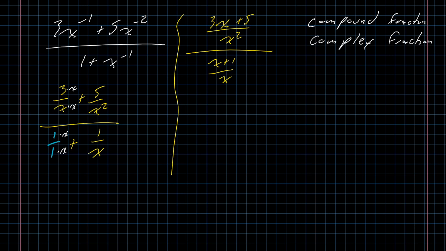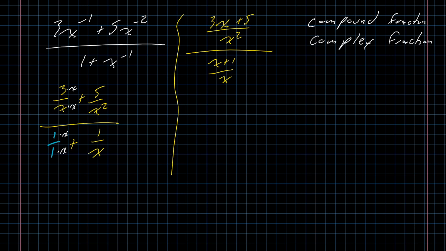And one of the things that you have to pay attention to is, where is the main fraction bar? The main fraction bar is generally a little bit wider than the other fraction bars. When I'm writing it by hand, I make it a lot wider than the other fraction bars to make it really obvious. But sometimes computer software doesn't quite do such a good job, so you have to pay close attention.